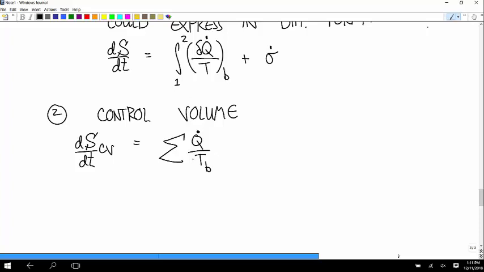What's the difference between writing it this way and writing it the way above? This is just assuming that where heat is crossing the boundary, we have constant temperatures at a set number of locations.